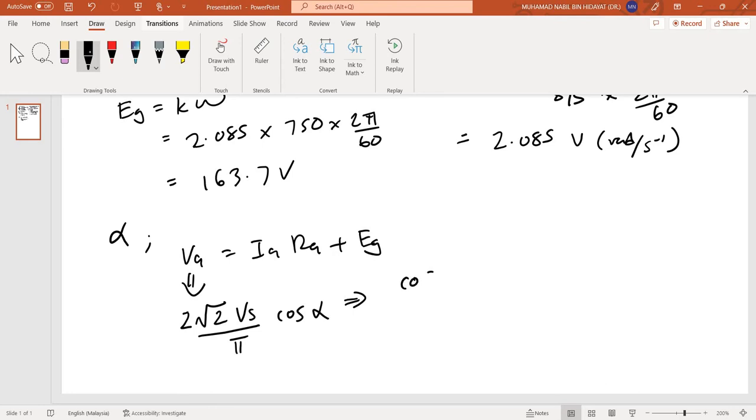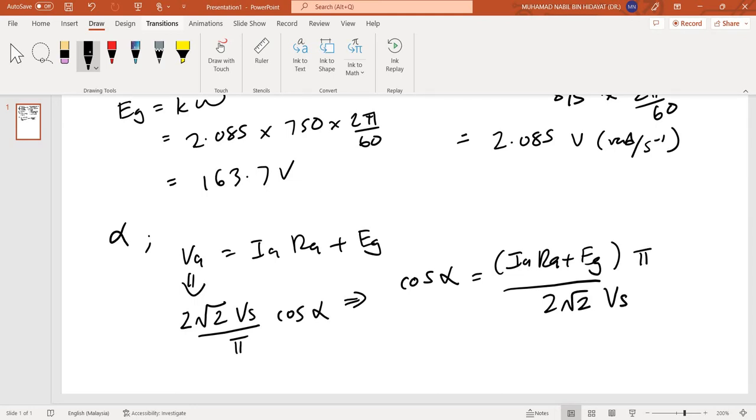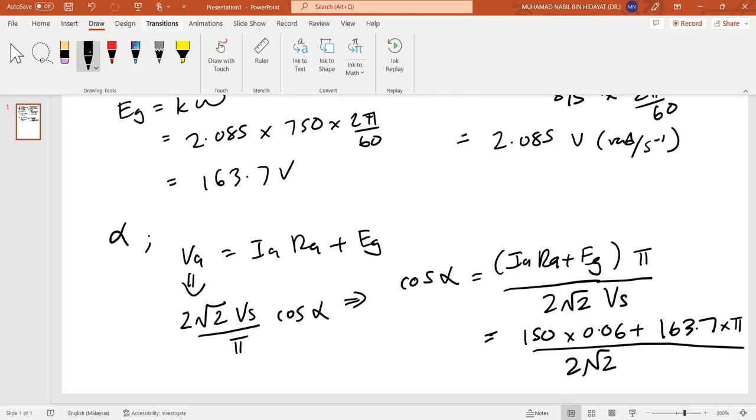So cos alpha is IA RA plus EG, divided by 2 times 220 over pi. So that is 150 times 0.06 plus EG, which is 163.7, times pi, divided by 2 times 220.